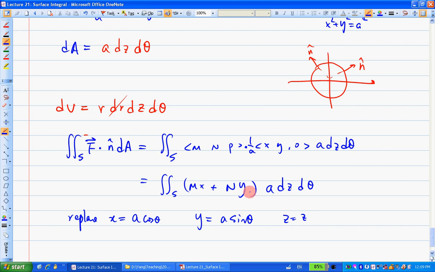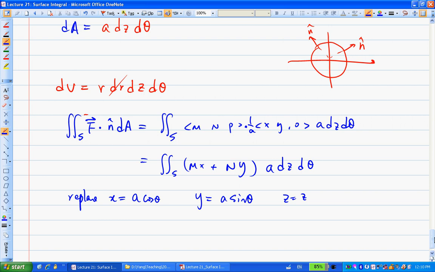So once you do the replacement, this whole chunk here will be only a function of the two variables, z and theta. And now you need to figure out the limits for z and theta based on the cylindrical surface. And that's basically a typical double integral problem, right? Yeah. Okay, that's it. Any questions?